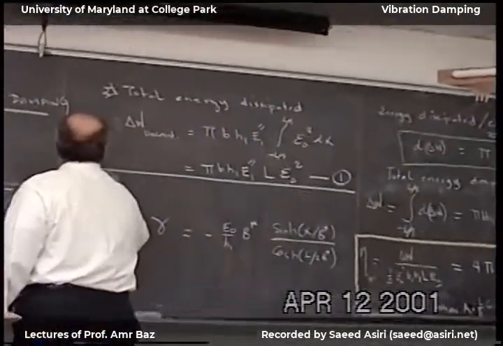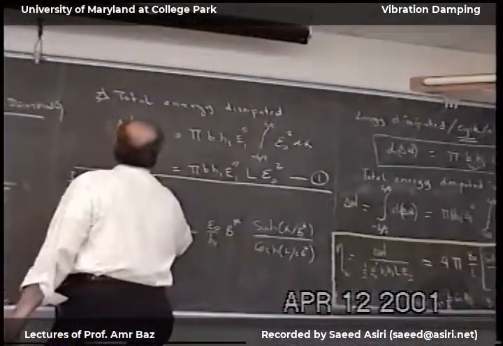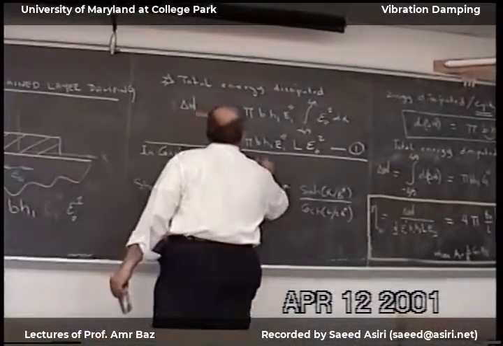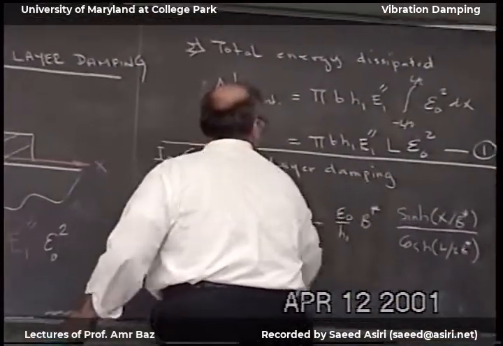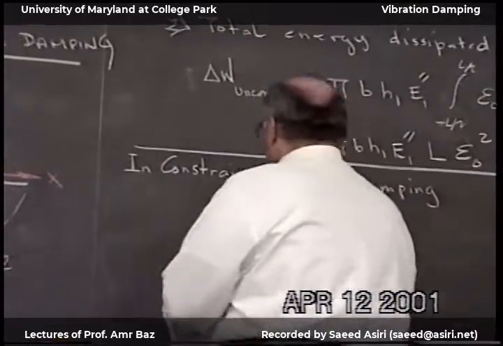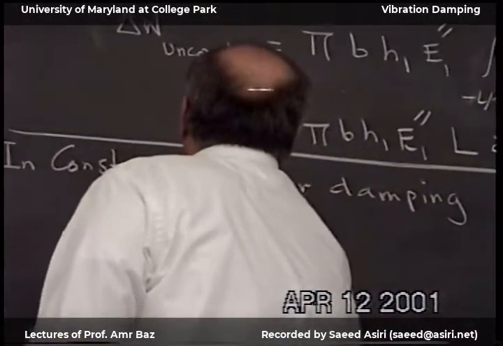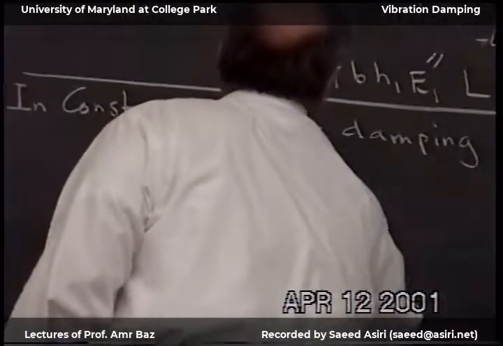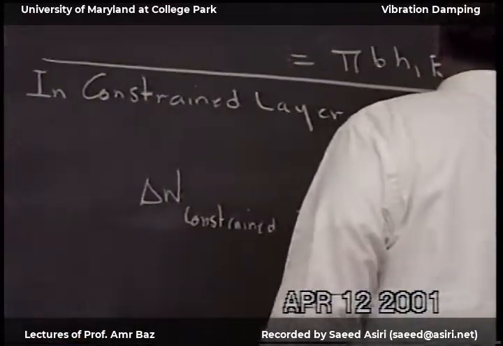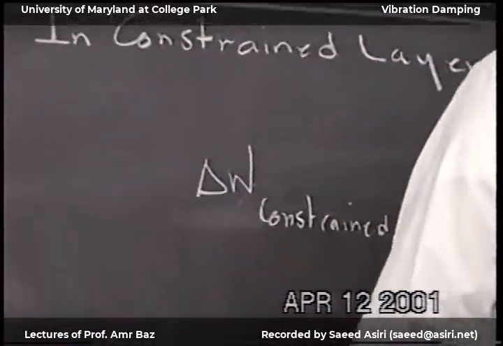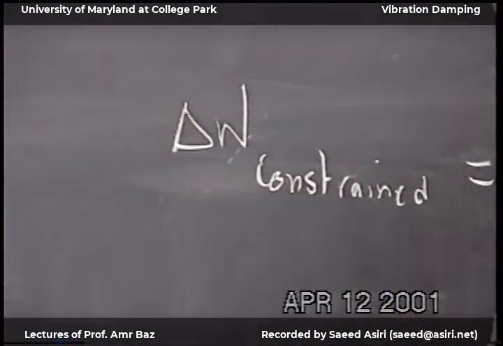The shear case, where we have the constraining layer, del W constraint is equal to pi b h1 G double prime, integral of gamma squared dx.